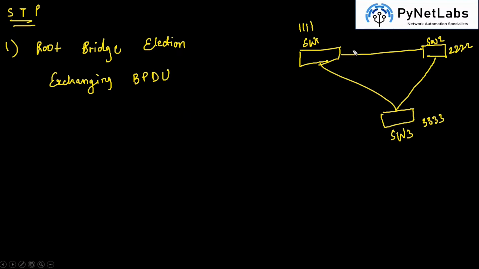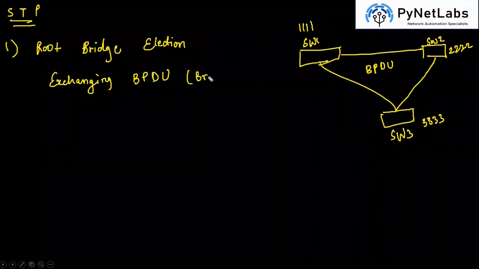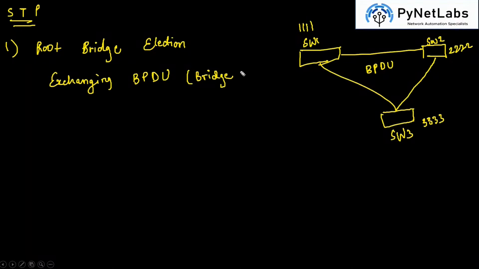Now they will start exchanging BPDUs, and BPDU stands for Bridge Protocol Data Unit. This is the message type which they will start exchanging between them to make the Spanning Tree Protocol process begin.